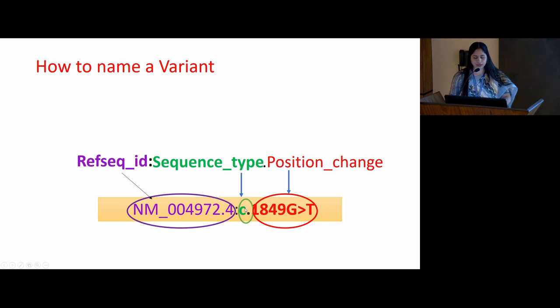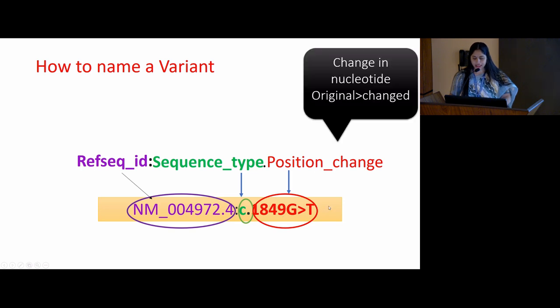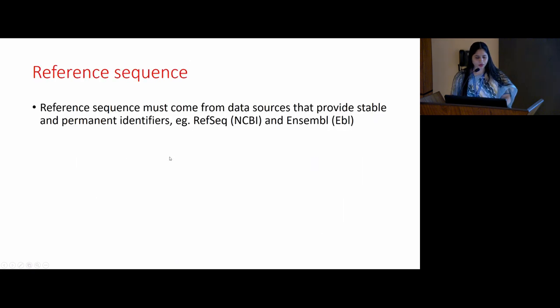C, that is the coding coordinate, is the sequence type, and then the position change: 1849 is the position, G was the original nucleotide, and T is the changed nucleotide. There is no space in this syntax. That is very important.